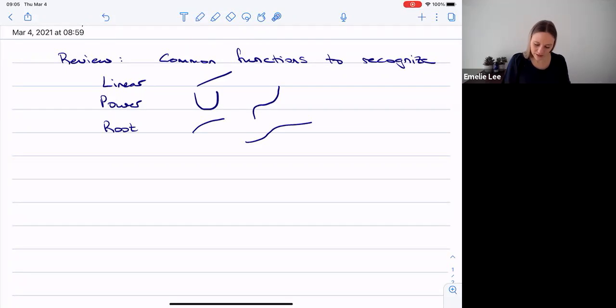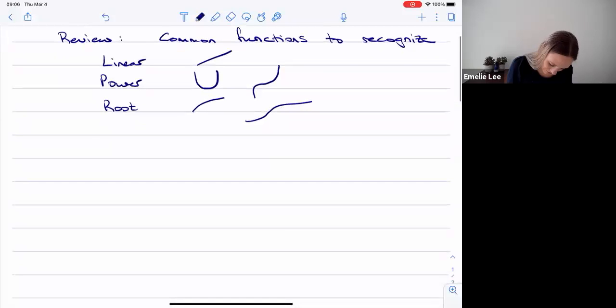And so this type of exercise is what I want you to be able to do. If I say, draw an odd root function, then you know it goes like this. Draw an even root function like this. And so you have this kind of idea of what they look like.